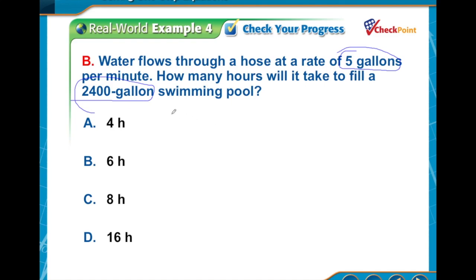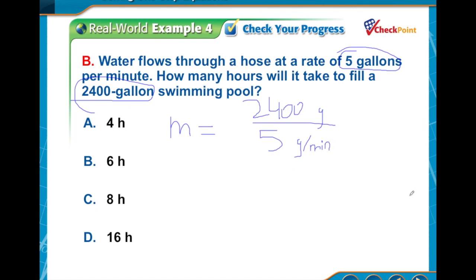So the total amount of minutes, m, will be equal to our total 2,400, I'll use G for gallons, divided by the 5, and this is gallons per minute.